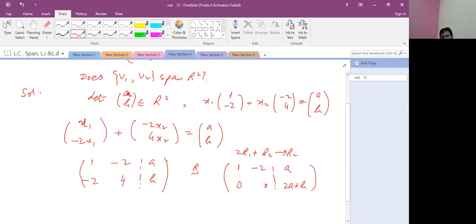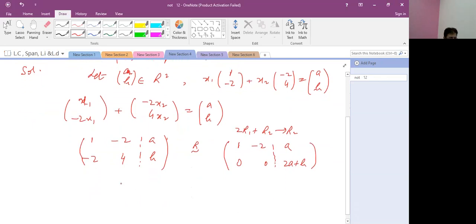Further, if we solve it, 2 times a plus b equals 0. It is not true for all a, b.